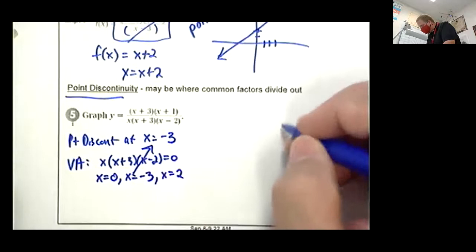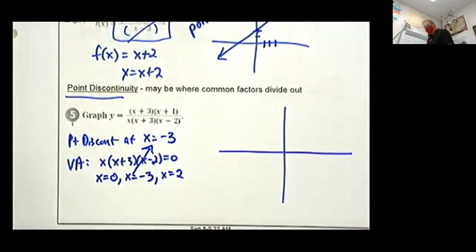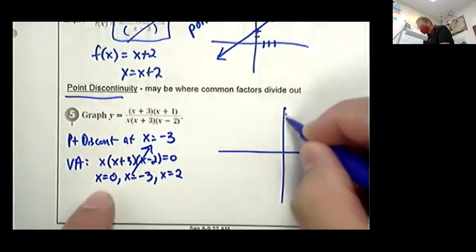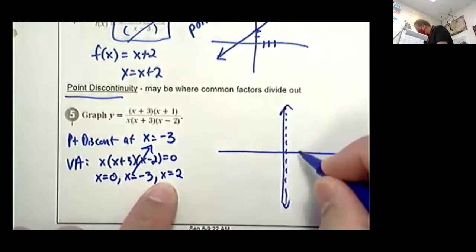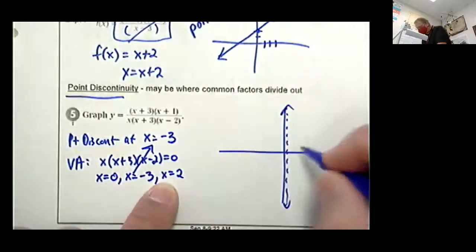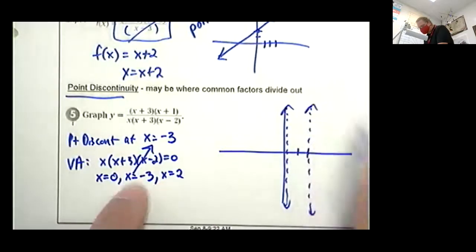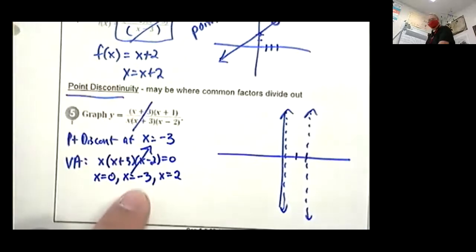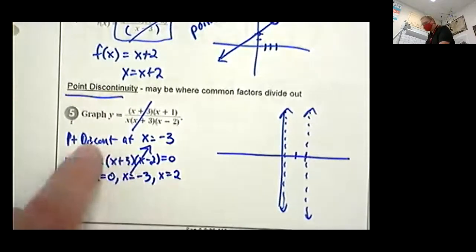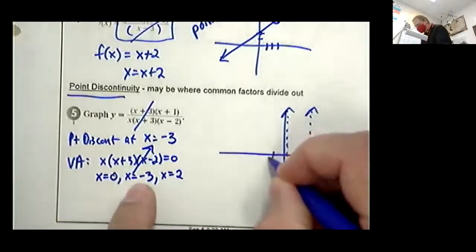So if we look at our graph, we know at 0, there's a vertical asymptote. We know at 2, there's a vertical asymptote. And then because x equals -3 was the division of the same linear terms, that's not a vertical asymptote, that's already our point discontinuity. But it does occur at -3.